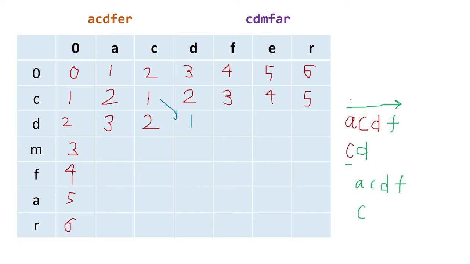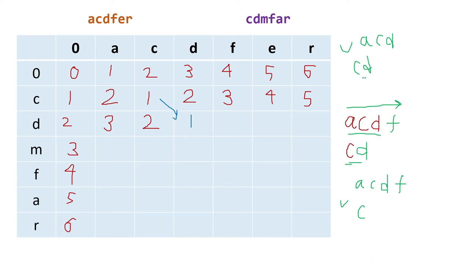Another result you have to check is between ACD, this part, and CD. Means either we will take this F into the string comparison, or we will include D and not take F that time. Okay. So between ACD and CD, and ACDF and C, we have to compare.